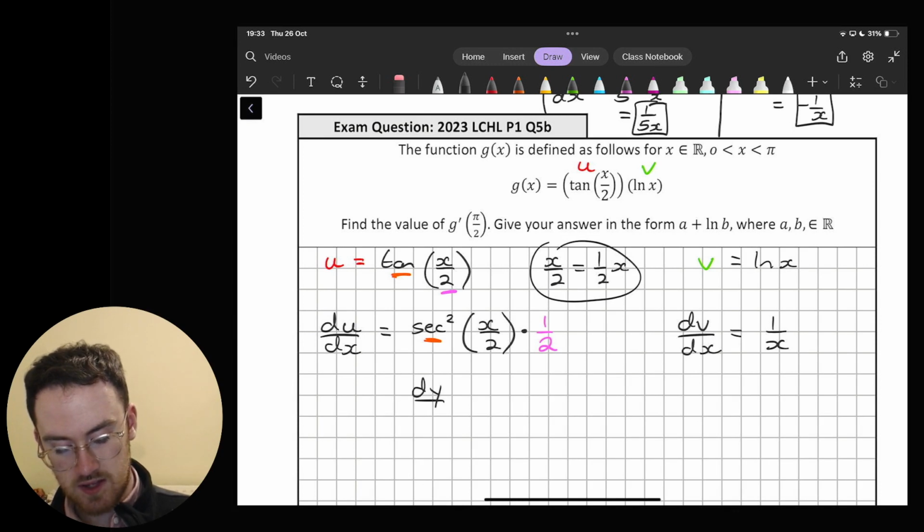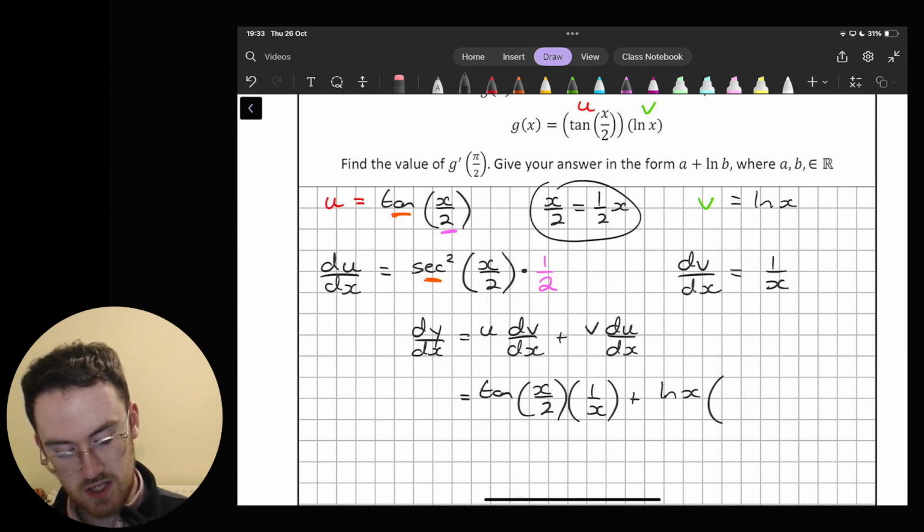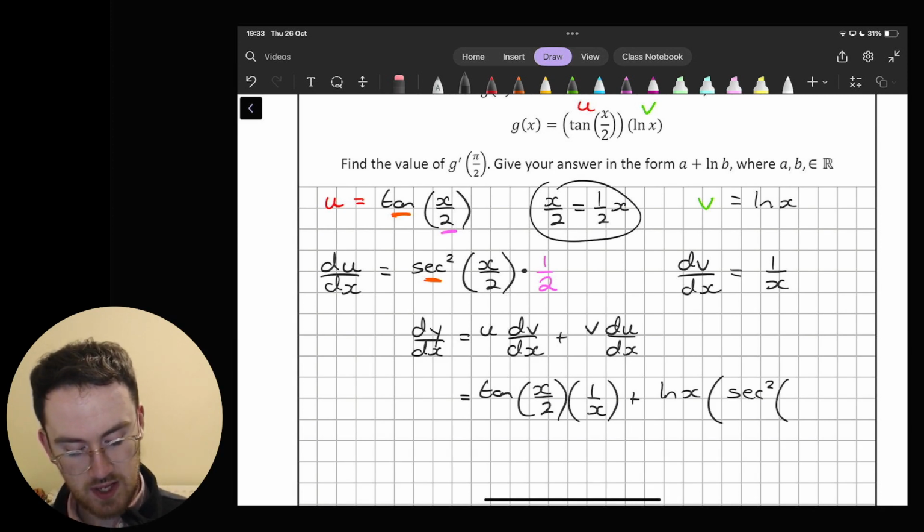Putting it all together then using my product rule, it's u dv dx plus v du dx. So let's sub everything in appropriately. u is tan x over 2, dv dx is just 1 over x, plus v, which is ln of x, times du dx, which is sec squared x over 2 times a half.